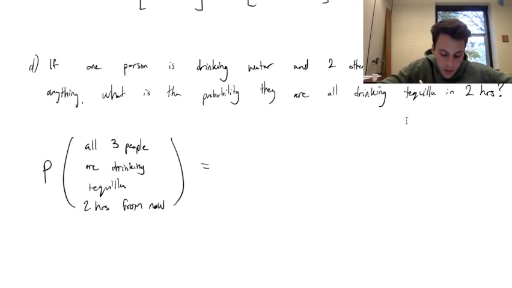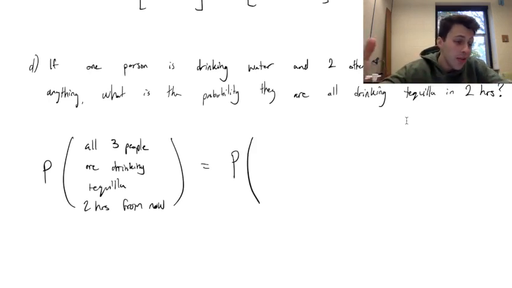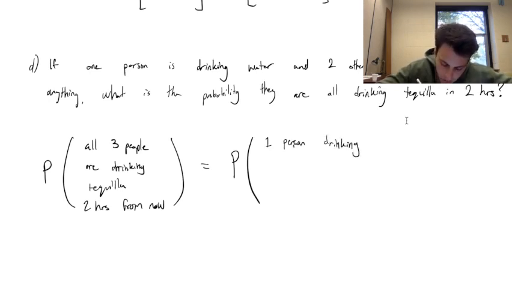This is going to be equal to the probability, and this P of is just a notation for the probability of this. Well, there's the probability that the one person who is drinking water, let's say, that they are drinking tequila 2 hours from then.